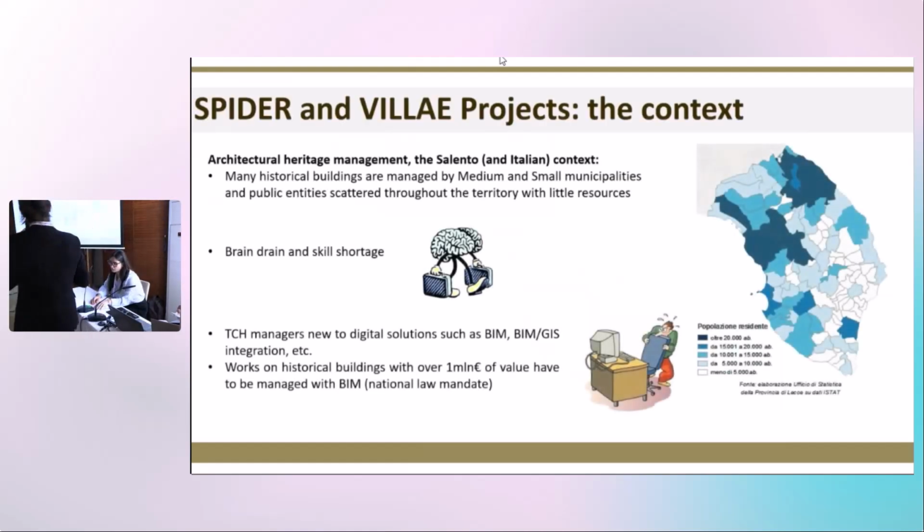Along with that, we have another problem, because we would like to preserve our cultural heritage for the sake of science and history and so on, and also because tourism is an important factor in our region.